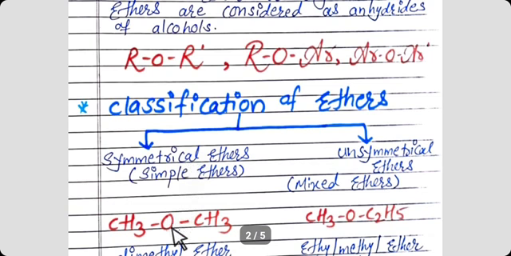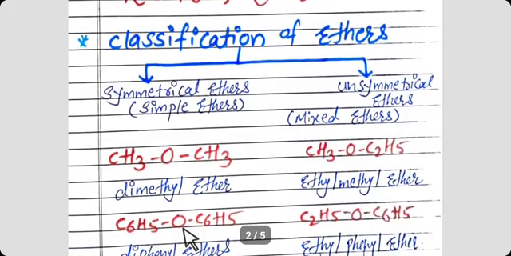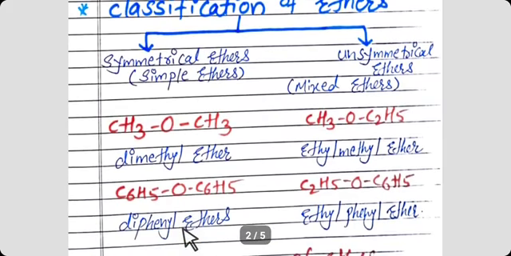See here, the oxygen atom contains two methyl groups, means both the alkyl groups are the same. In the next example, both the aryl groups are the same. So symmetrical ether means in which both the alkyl or aryl groups attached to the oxygen atom are the same.